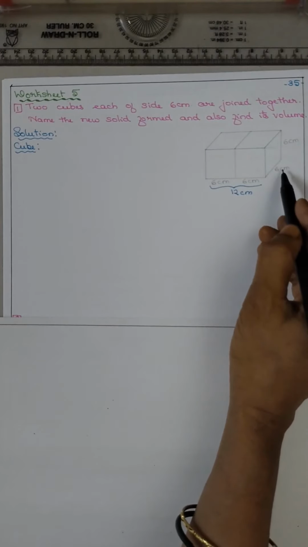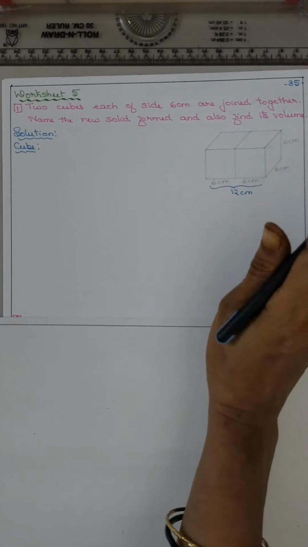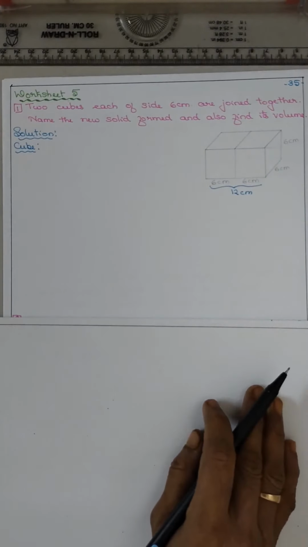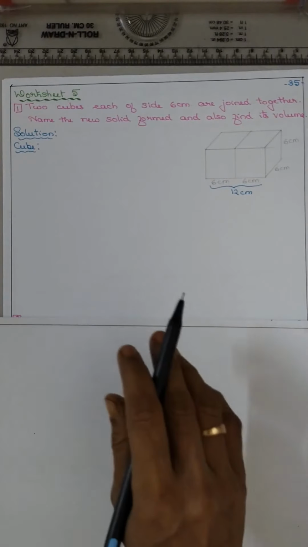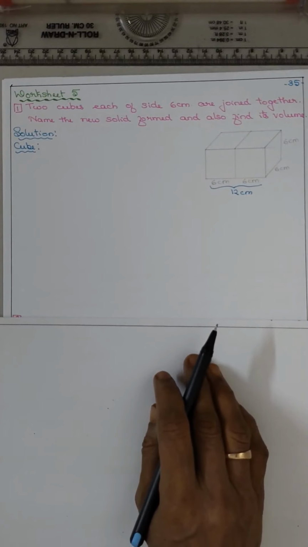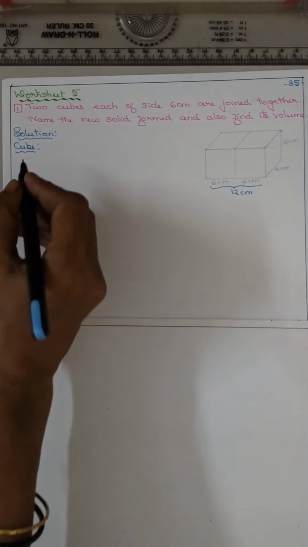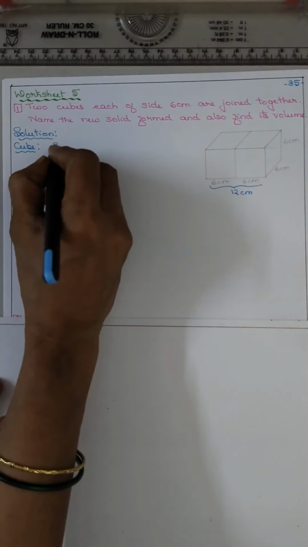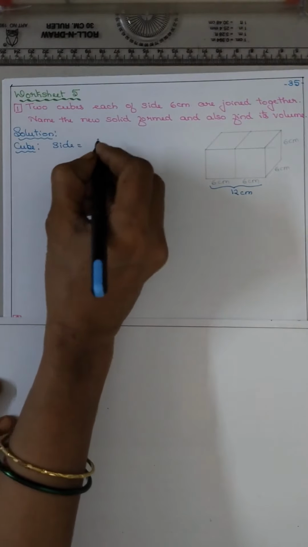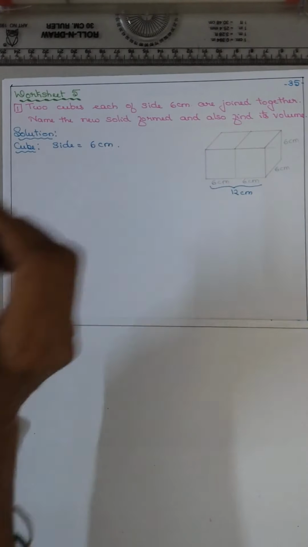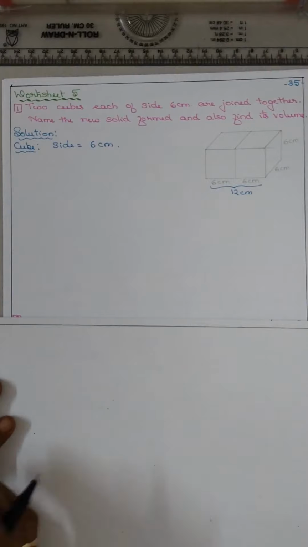But the breadth will be 6 centimeter, height will be 6 centimeter itself. So first you write solution, two cubes each of side 6 centimeter. So पहले लिखो क्यूब दिया है, side is equal to 6 centimeter. Whatever is given, you write.